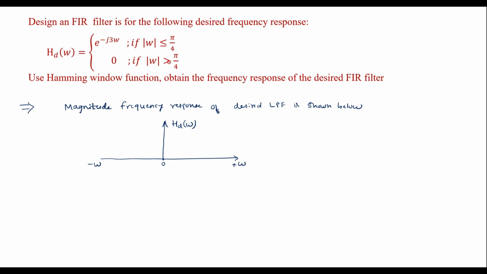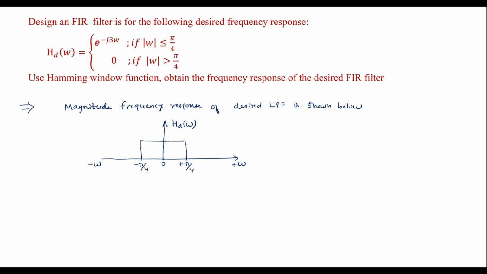Assume this is plus pi by 4 and this is minus pi by 4, and it exists only between minus pi by 4 and pi by 4. Greater than pi by 4, its value is 0, and here also it is 0.